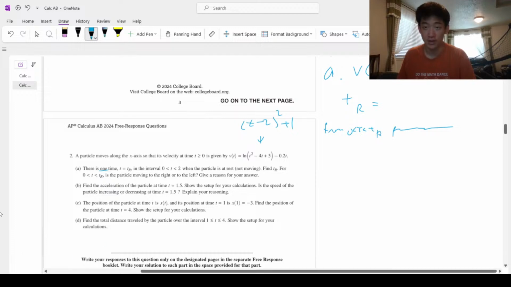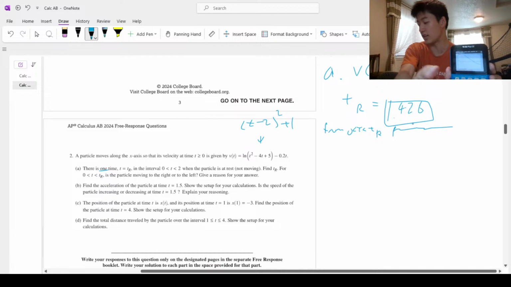1.426. Hopefully that's what y'all got. And then it doesn't actually have units here. Okay, 1.426. And when you look at this, when t is less than this number, it's positive.